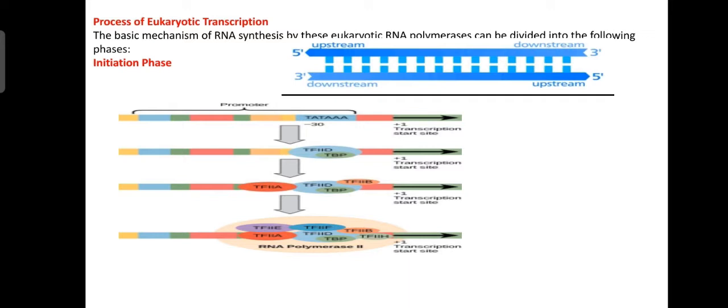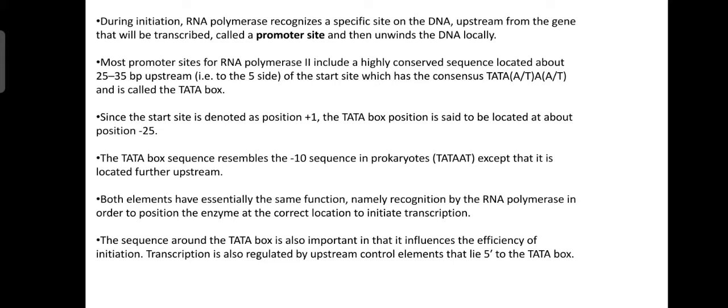This mechanism is divided into different phases: initiation phase, elongation phase, and termination phase. The first phase is the initiation phase. What do you mean by initiation phase, children? During initiation, RNA polymerase will recognize a specific site on the DNA.